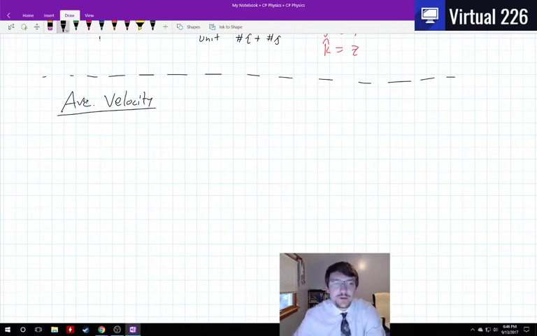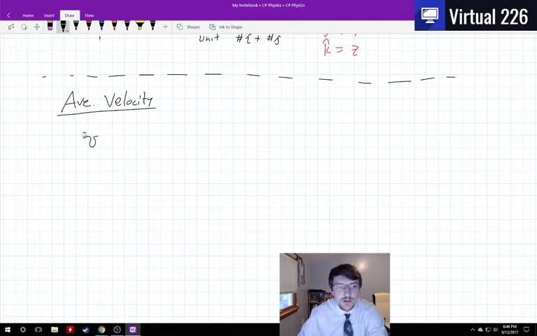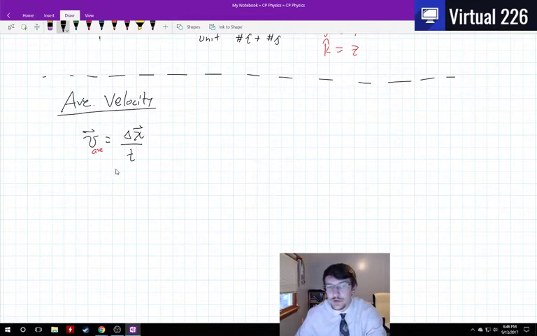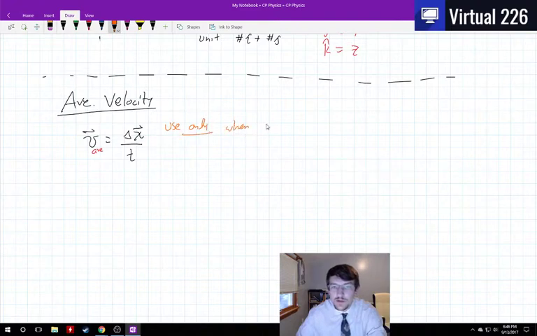When we think about average velocities, we need to be careful because technically the equation v equals delta x over t is an average velocity, okay? We only really use this equation when the acceleration equals 0.